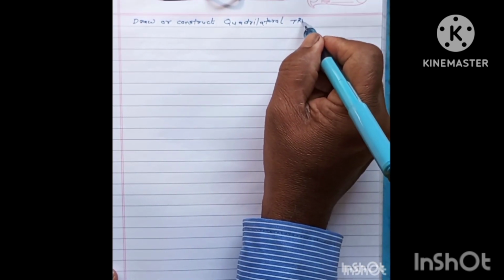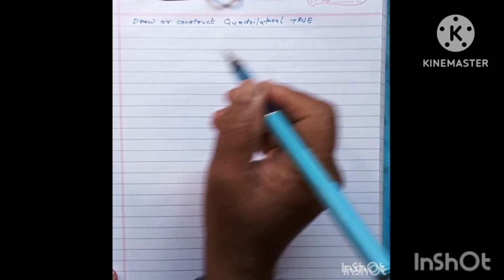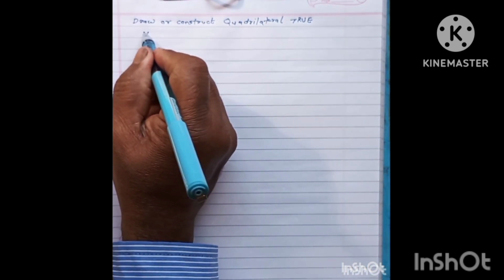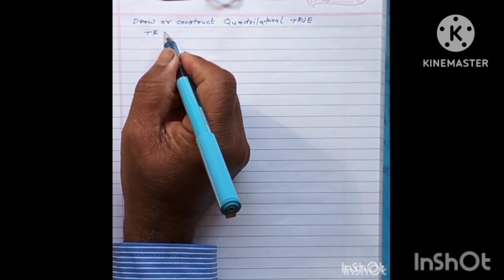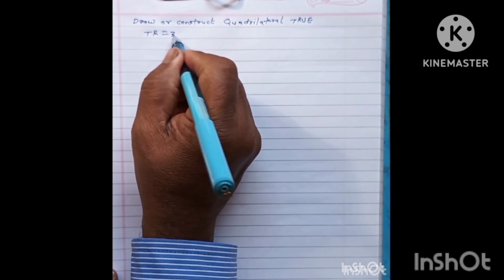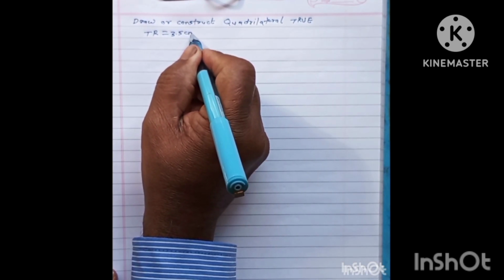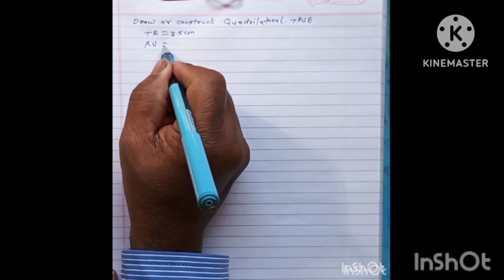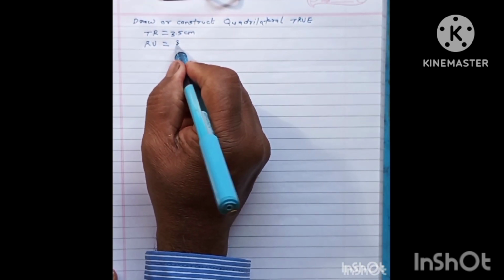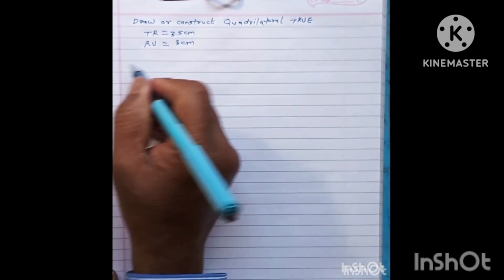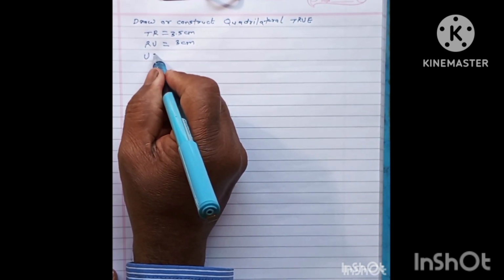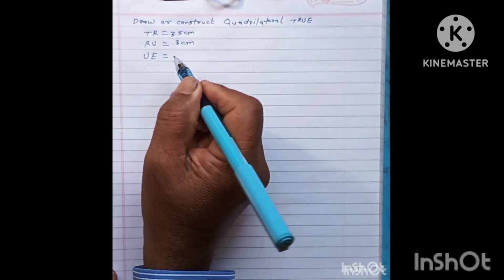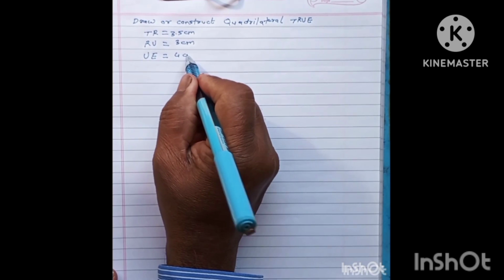TRUE, and other data where TR is equal to 3.5 centimeters, RU is equal to 3 centimeters. Write down very carefully so that you don't make any mistake. UE is equal to 4 centimeters, and two angles.